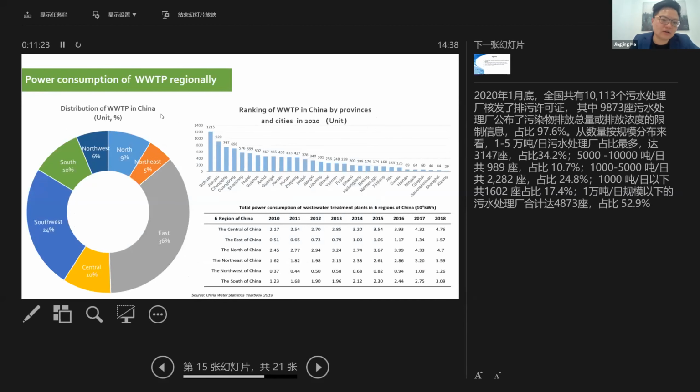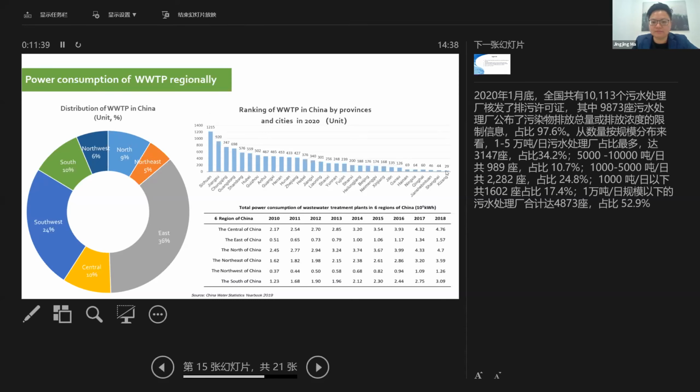And this is the power consumption analysis based on the different regions. We also have analysis that Sichuan province has the highest number of wastewater treatment plants, and Shanghai has the lowest.